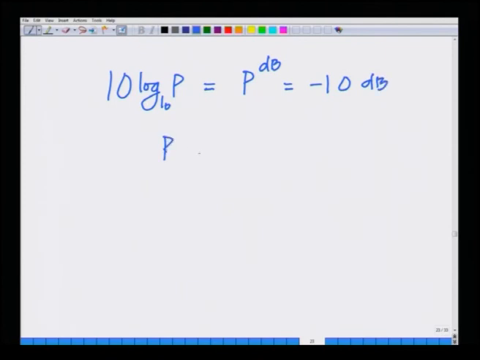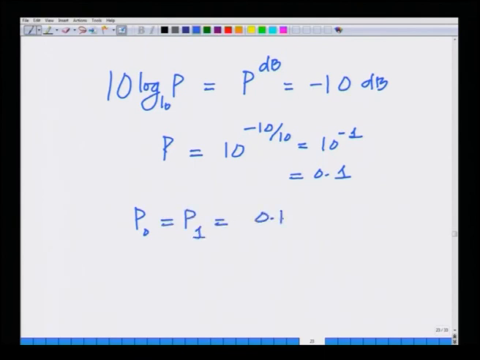Hence, power is nothing but 10 to the power of minus 10 dB over 10, or 10 to the power of minus 1, equals 0.1. Hence, minus 10 dB power corresponds to linear powers P0 equals P1 equals 0.1.